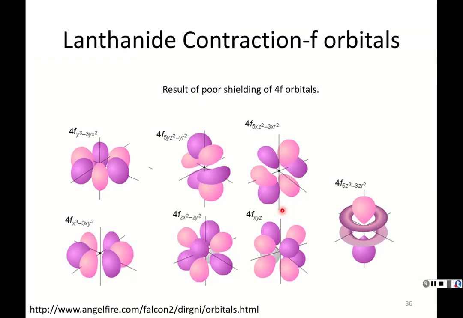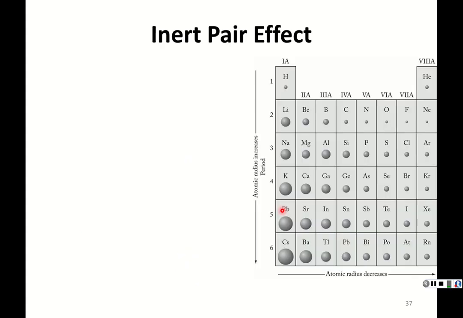The thought is that one of the causes of this inert pair effect is the lanthanide contraction. In those 2 rows, you get the lanthanide contraction, where those electrons aren't being shielded as much as they were in the row above, in the transition elements above.